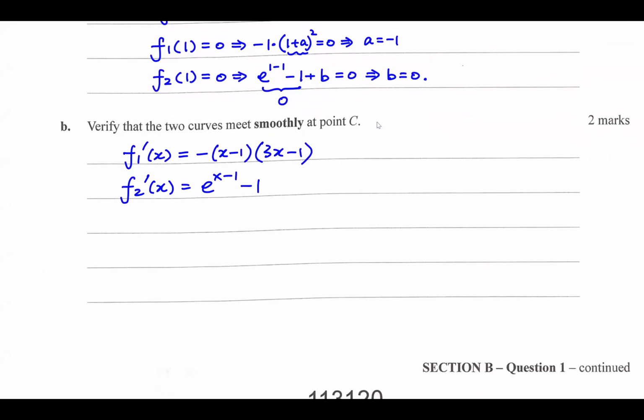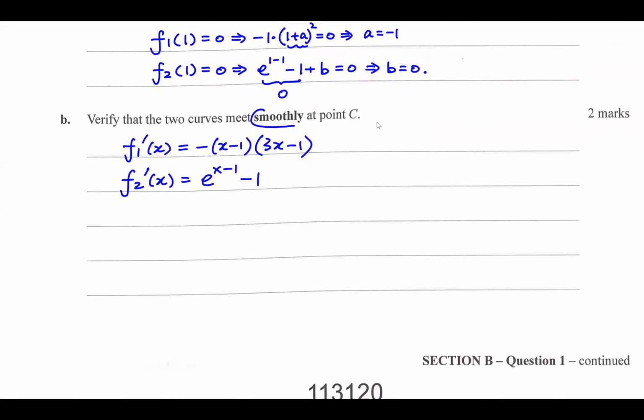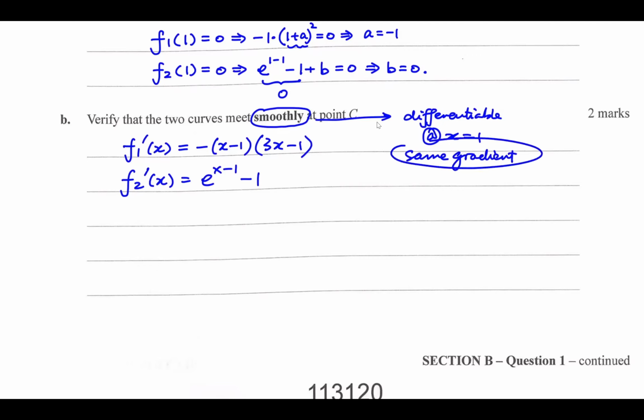Yep. If the two curves are meeting each other smoothly, that means differentiable at x equals 1. So same gradient. This is what we want to show.